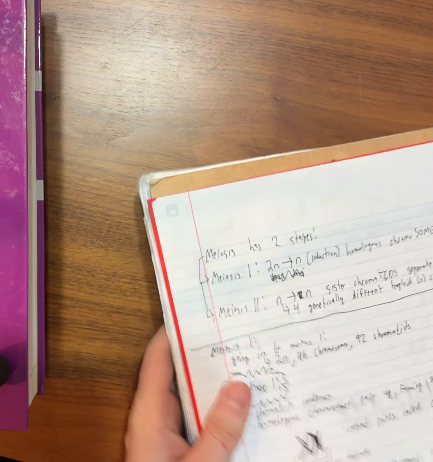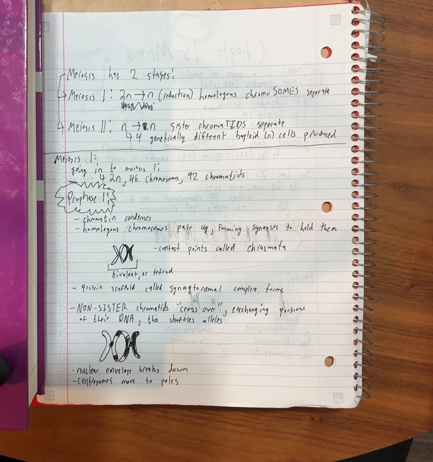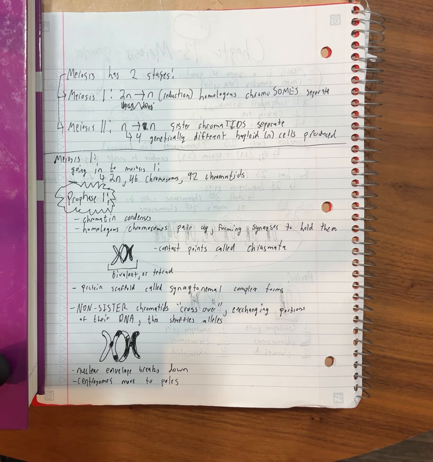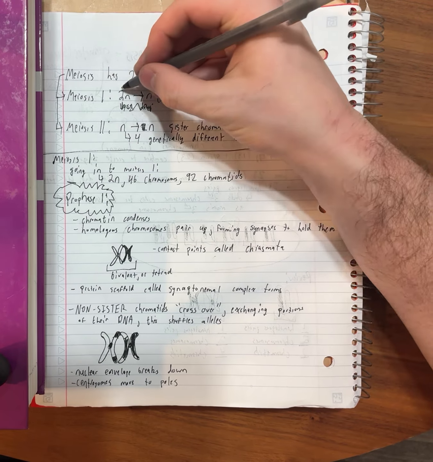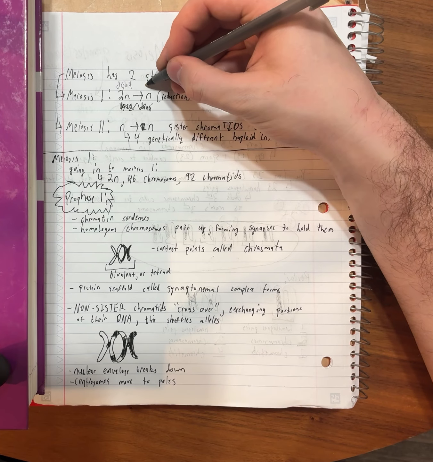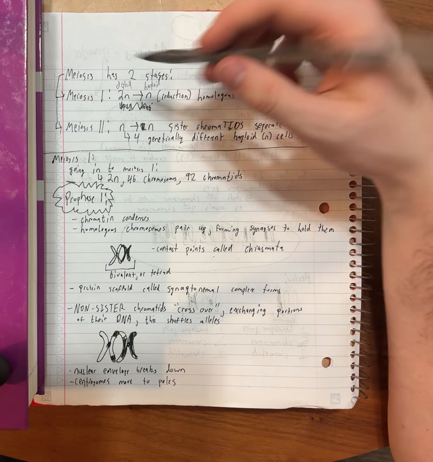So the reason meiosis sort of works is because it happens in 2 stages. So we have meiosis 1, and meiosis 1 is going to take a 2N or diploid cell, and let's write that, a diploid cell, and make it into a haploid cell. And that's meiosis 1.